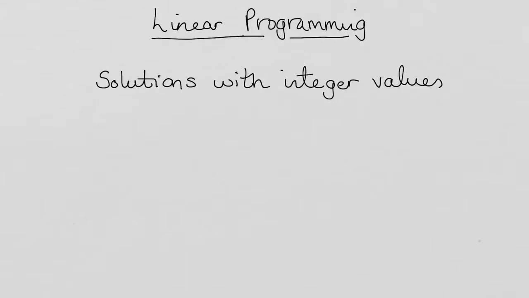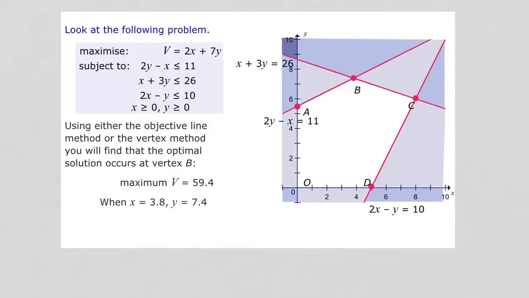And then next lesson, I'm just giving you one question out of the next exercise before we start the simplex method. So I've got a question for you here. It's already been solved, so 3.8 and 7.4. However, imagine your question needs integer values, as most things would.